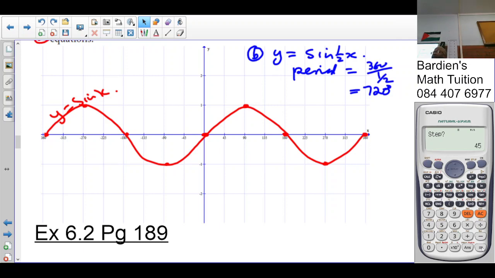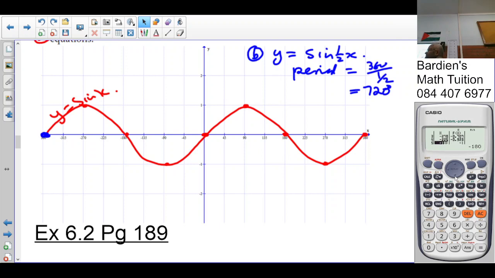Now say you carried on with steps of 45, and you didn't know you had to divide 90 by half. Then these are the values you're going to get. So negative 360 is 0. Then you see 315 is an irrational number. Negative 270 irrational. 225 is irrational.